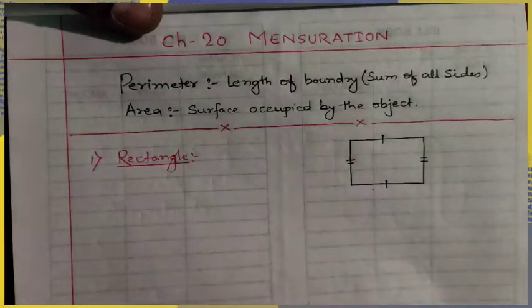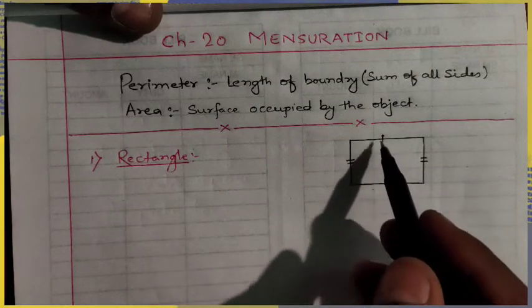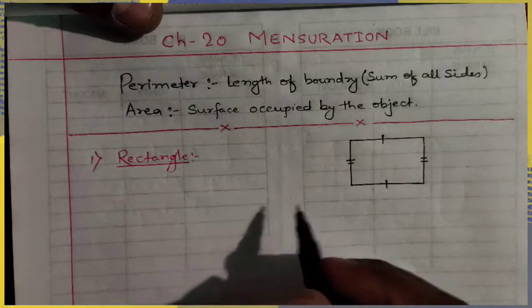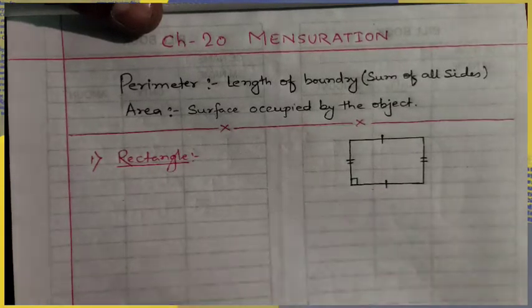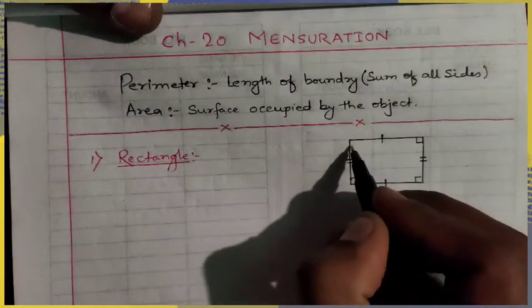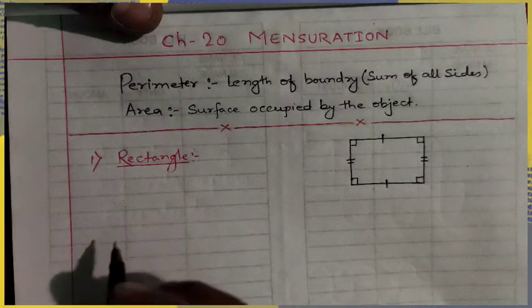This is the sign of equality. Each angle is equal to 90 degrees, and this is the symbol of 90 degrees.